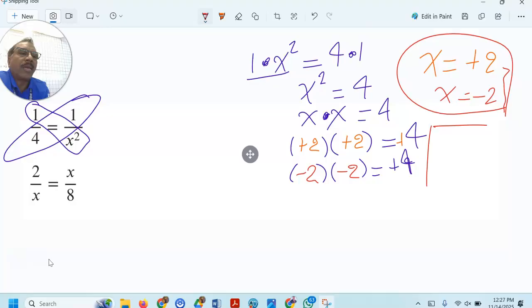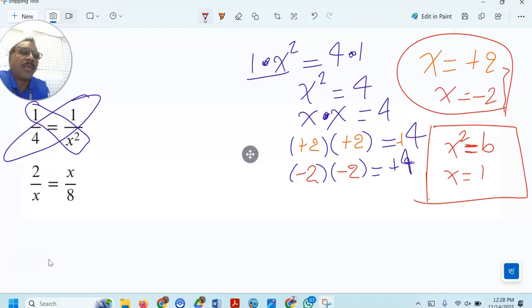And we can also think of a kind of formula type. You know, if I have x squared is b, the definition of square root. See this square root? If I have x squared is b, then x is plus and minus square root of b. So this is how it is.